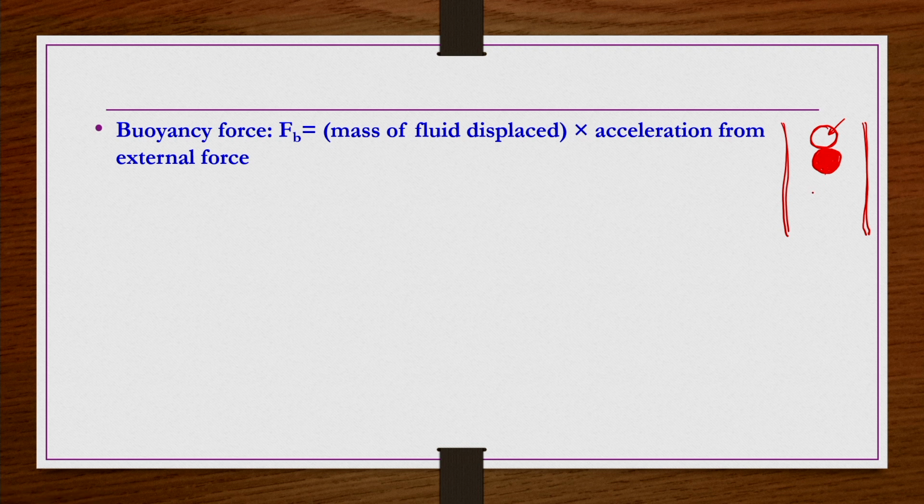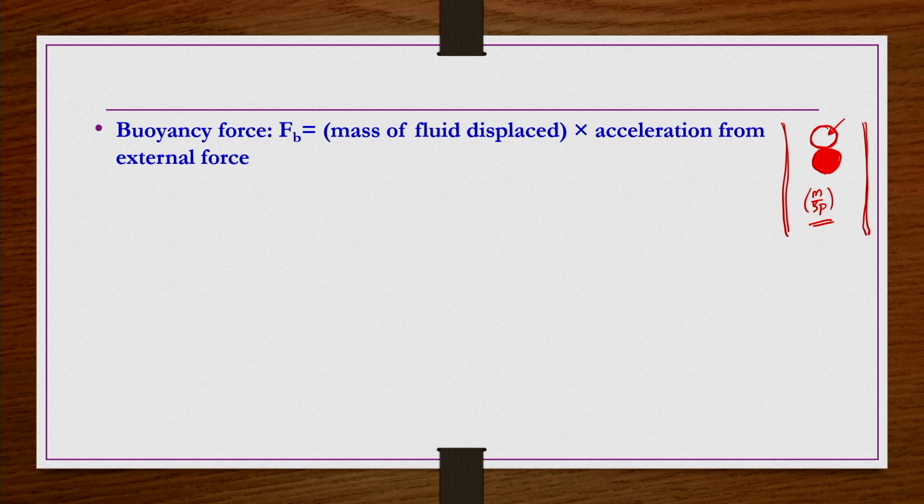So, that is m by rho p. This is the volume of the fluid displaced by the particle. Because whatever the volume of the particle is there, that much volume of the fluid only the particle is going to replace.